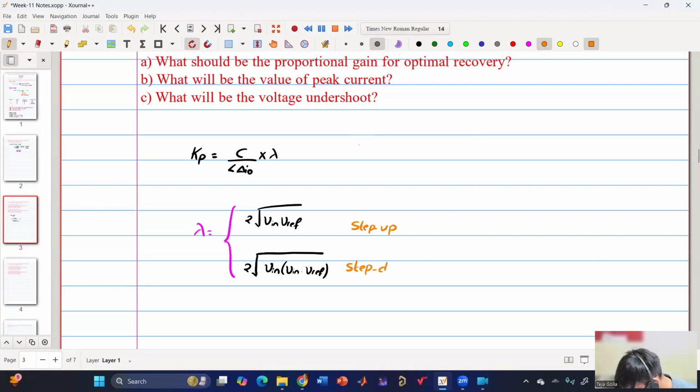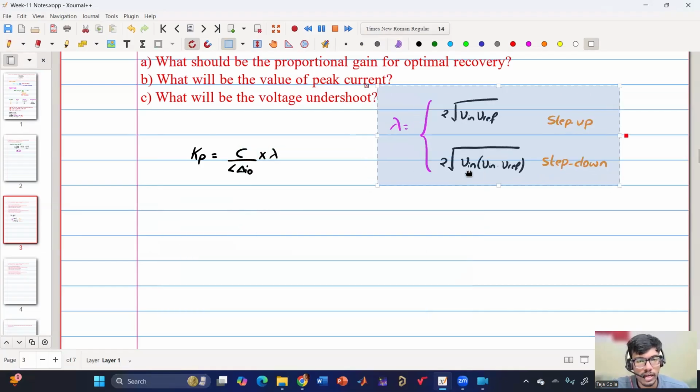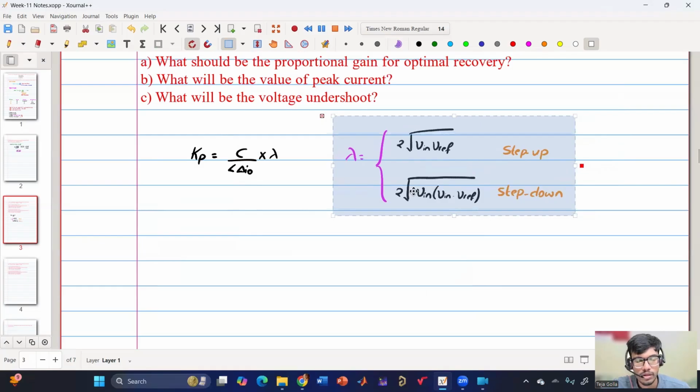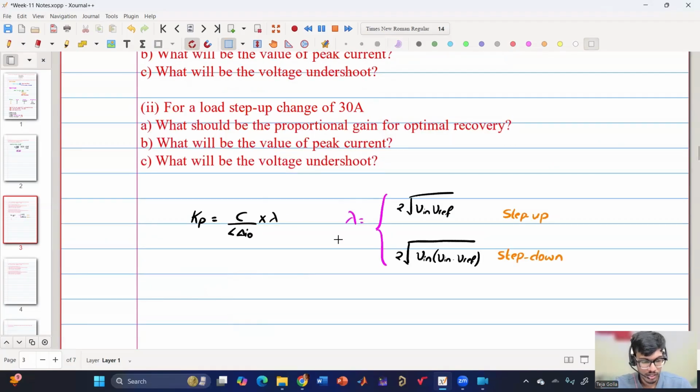So this is the optimal proportional gain that you will be getting for buck converter during load step up transient as well as during load step down transient. So maybe I'll keep it on the side. This is for the gains.